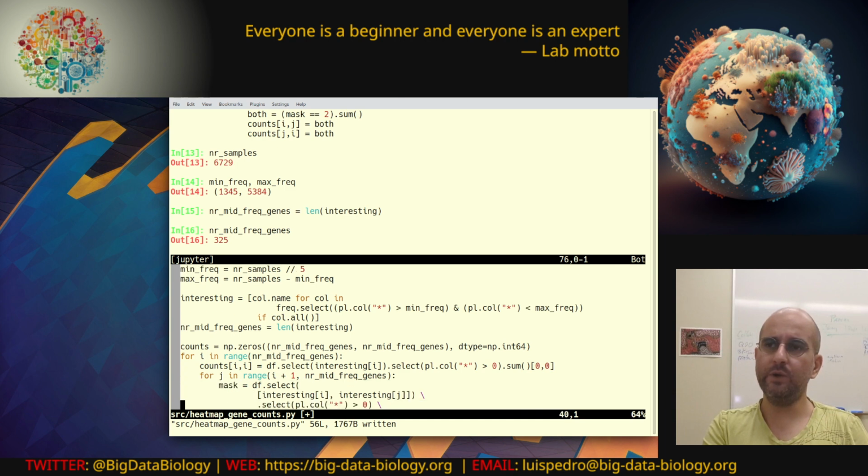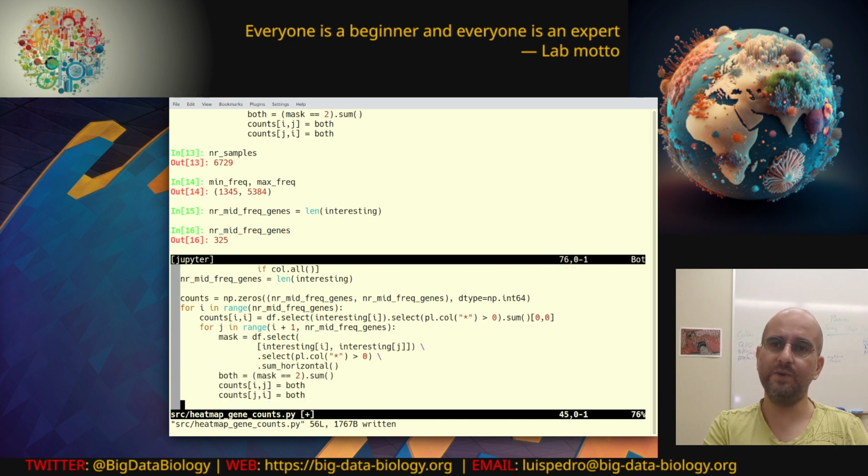Then this is the code where we count how often these genes appear in the same sample. The diagonal is the number of times that gene appears, and the off-diagonal entry ij is the number of times that gene i appears with gene j.